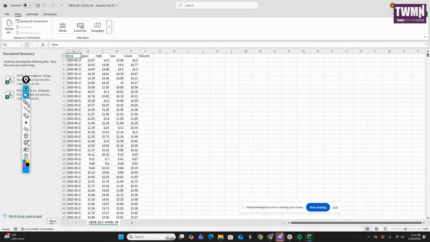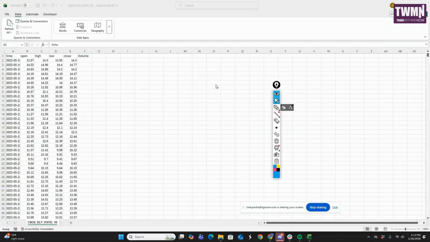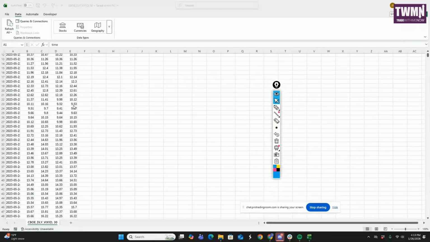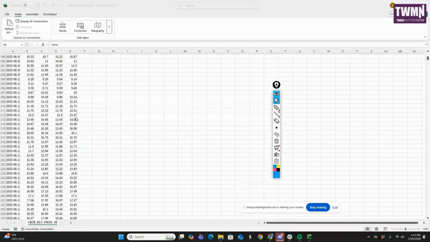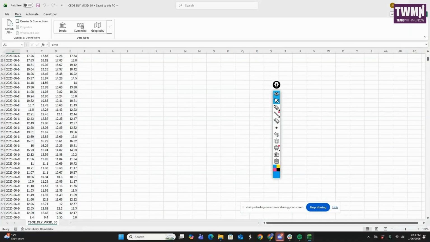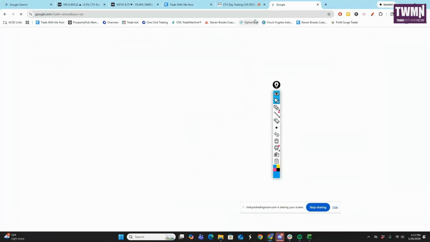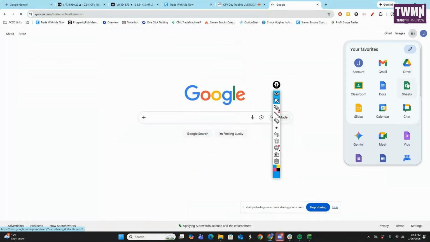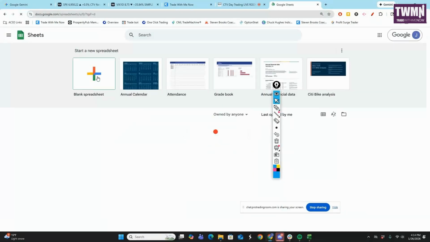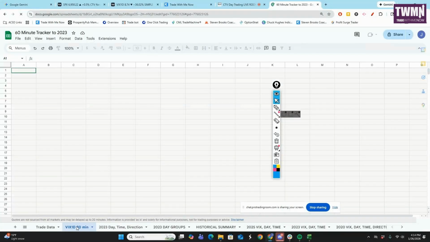This is what I was working on today, the 1-day VIX, looking over the last 3 years of data. I'll scroll through so you can see this, just so you can get an idea of what the 1-day VIX has been. This was kind of my snow day project today.